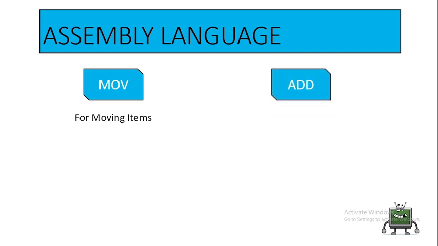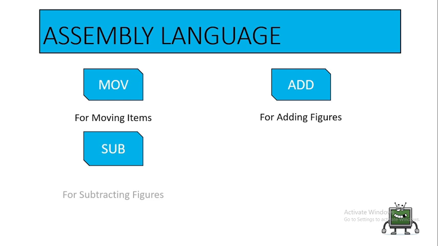If the programmer would want to write instructions to add two or three numbers, we use the symbolic code ADD. That is for adding figures. If the programmer would want to subtract, then the programmer will use the symbolic code SUB for subtracting figures.